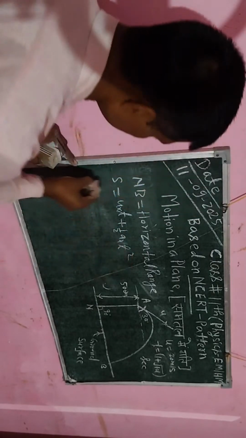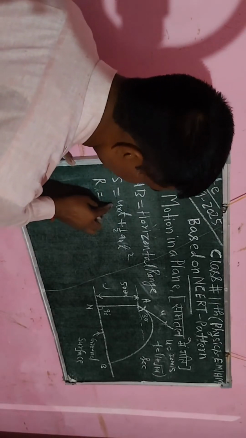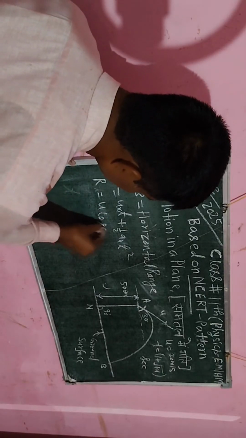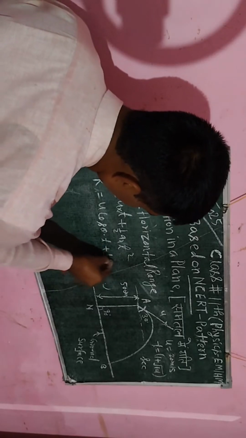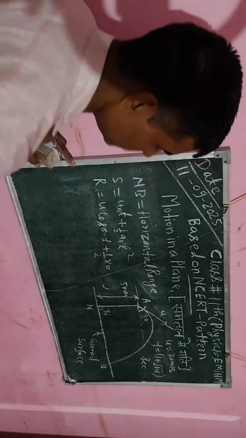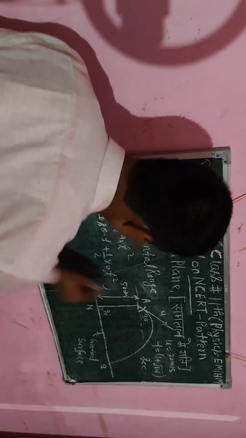So here I write u_x, that is u cos theta, into t, and here half a_x will be 0, because along the x axis there will be no gravity, so its value will be 0.